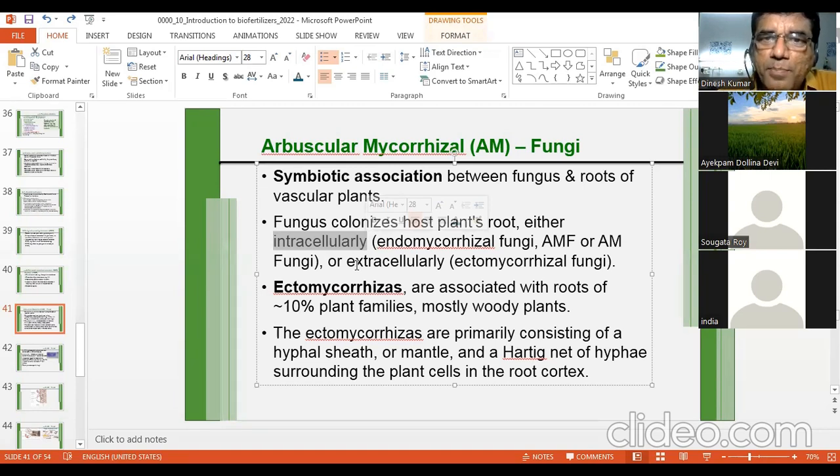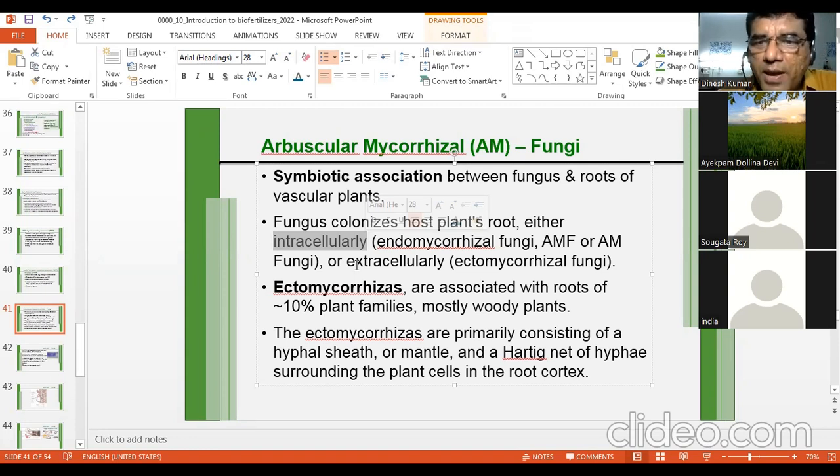If they enter the plant cortex, they go into intercellular spaces, not intracellular. So these endomycorrhiza are intracellular and they are called AMF, arbuscular mycorrhiza fungi, because they make arbuscules in the plant cells, therefore they are AMF.